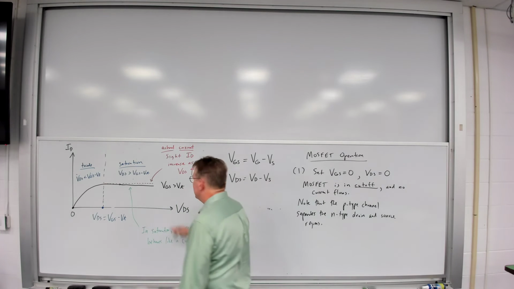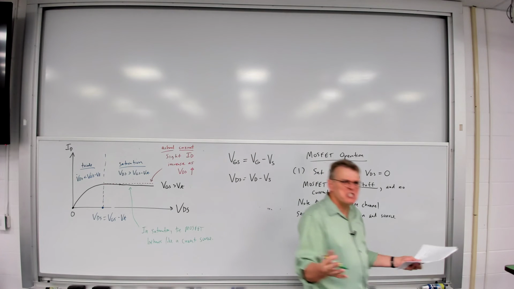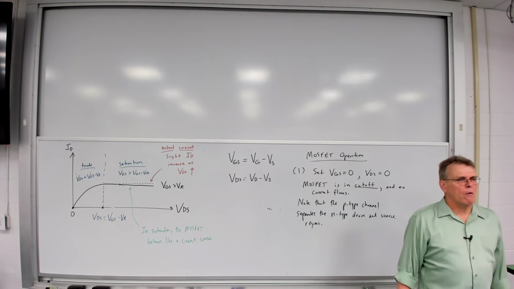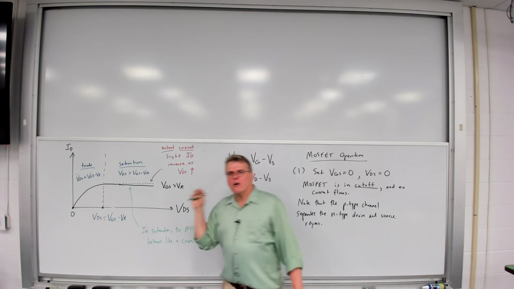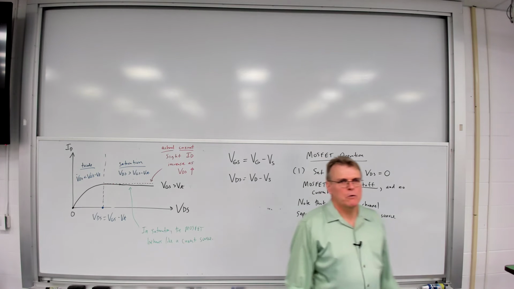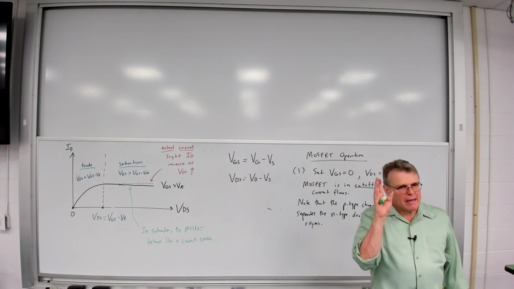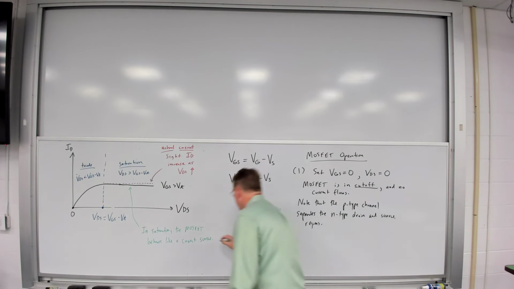Now, obviously, it's not a current source in the sense that it can generate energy or generate power. But I'm saying it acts like a current source in the sense that the current is independent of the voltage. So in that way, it's like a current source.